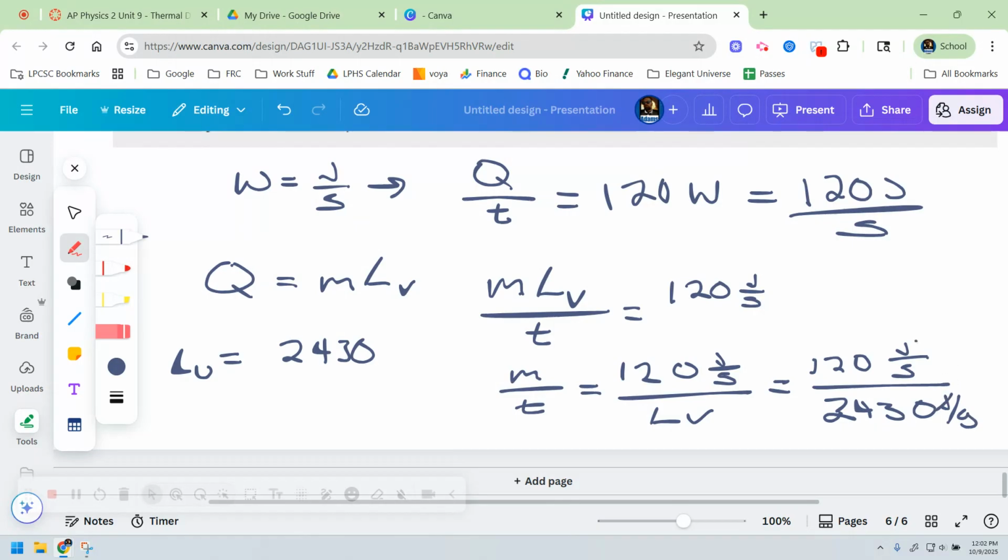And so these cancel. And so then what I get is that m over t, the mass divided by time, is equal to approximately 0.0494 grams per second. Okay, and that's basically it. And they convert it to grams per minute, but that's okay.